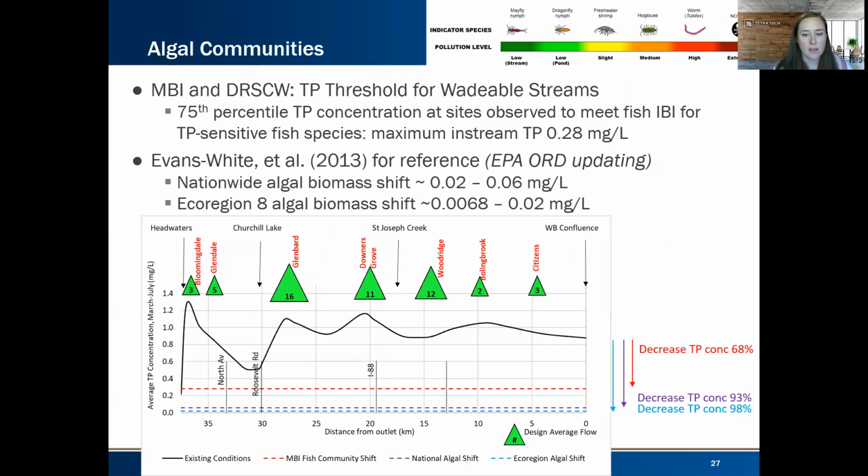And going into this next slide, this is just speaking a little bit about algal communities in general. The way that threshold was set, like we said, is the 75th percentile for phosphorus sensitive species. That's what we're working with.